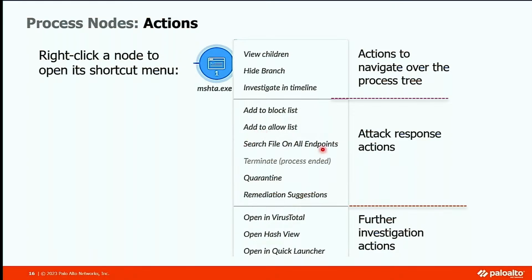And we can search for the file on all endpoints, but if we have the host insights add-on, and because this process is not identified as running, we don't have the option to terminate. It's grayed out. Some options for further investigation: search for it in Quick Launcher, use the hash view, which you used in the last lab, or open it in VirusTotal. See the VirusTotal verdict.